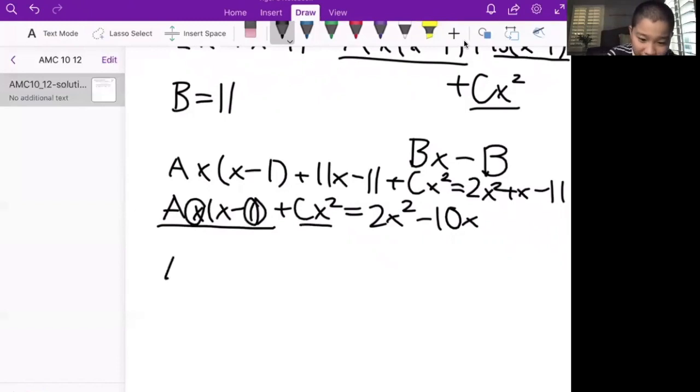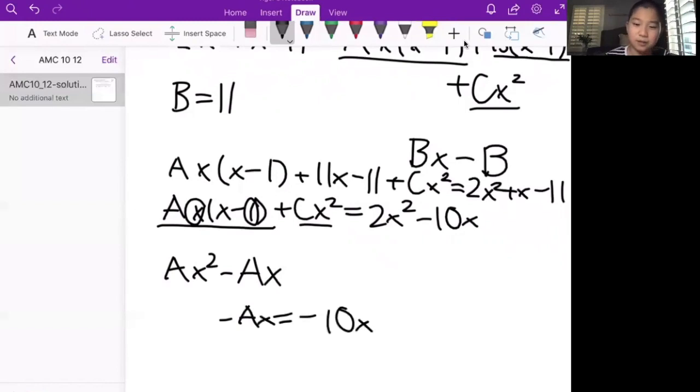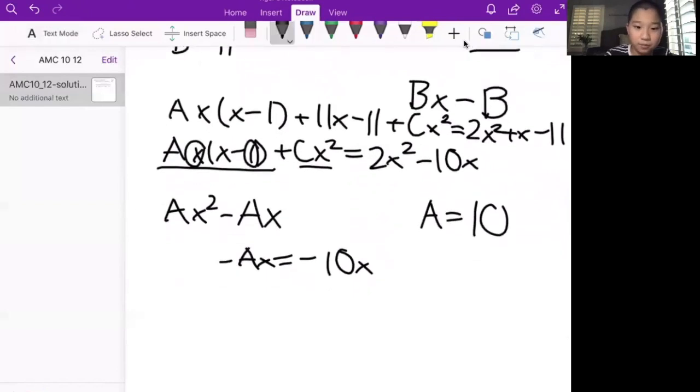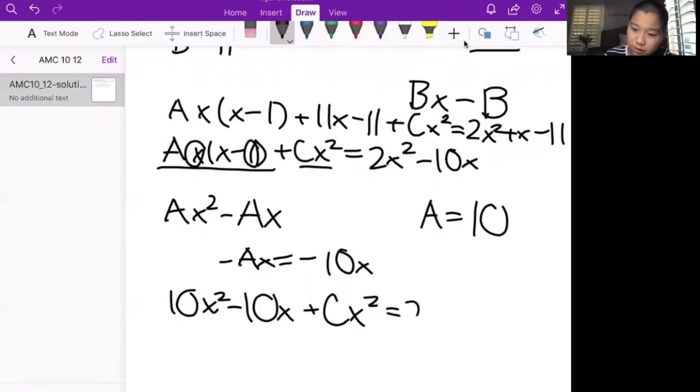So the a part is just ax squared minus ax. So that would mean minus ax equals negative 10x. So then a equals 10. So we can simplify this even more. We'll get 10x squared minus 10x plus cx squared is equal to 2x squared minus 10x.